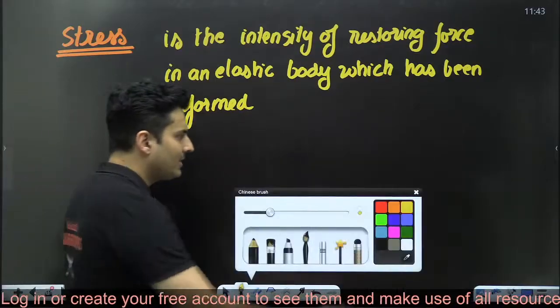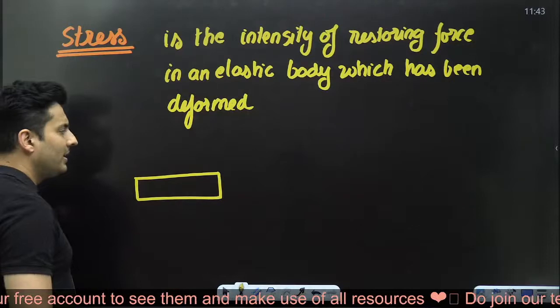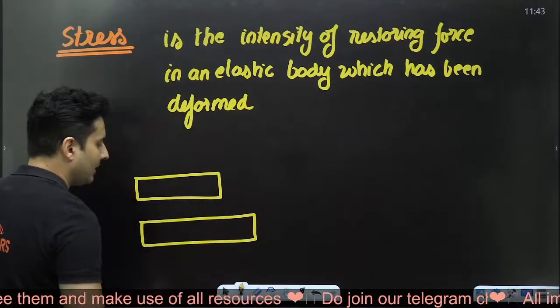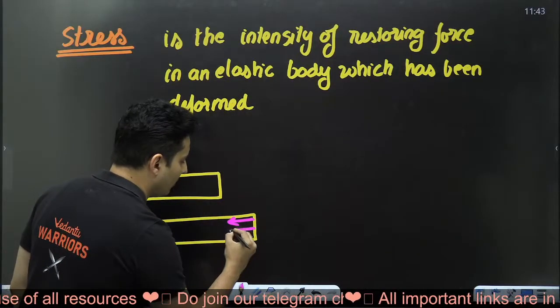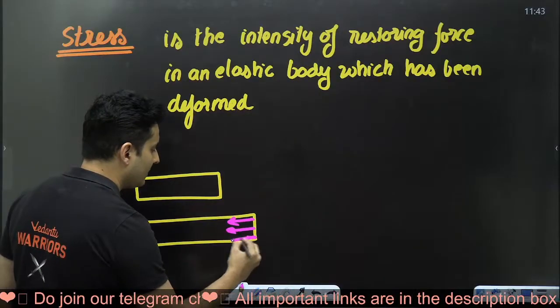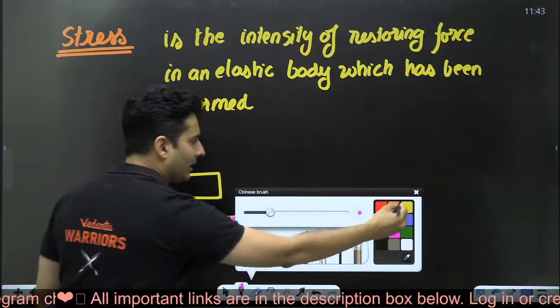Meaning, imagine there is this particular solid and let's say you elongate it, something like this. So let's say there is a restoring force like this. This force is acting on this particular area. Can you see that?